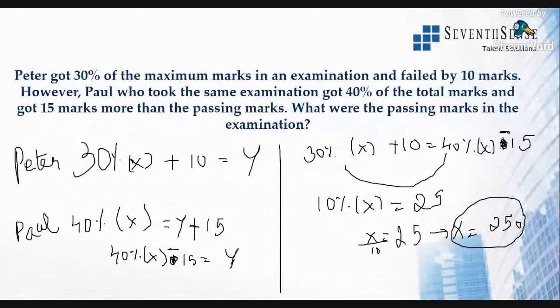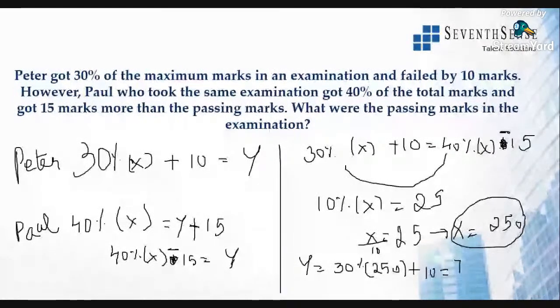So what will be the passing marks? From Peter, we'll get to know the passing marks, right? So Y, the passing marks, is 30% of 250, that is the maximum marks, plus 10. So what is 30% of 250? 10% is 25, 30% is 75.